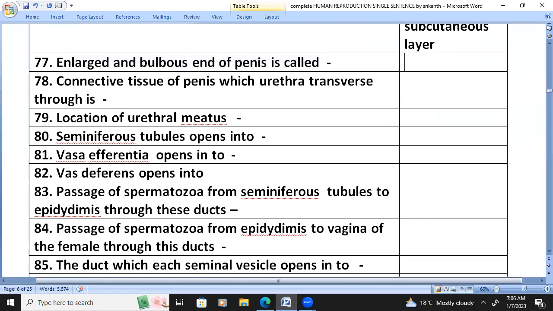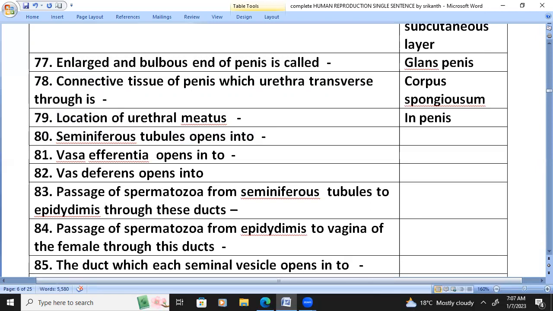Enlarged and bulbous end of the penis is called glans penis. Connective tissue of penis which urethra traverses through is corpus spongiosum. Location of urethral meatus is in the penis, particularly in corpus spongiosum.